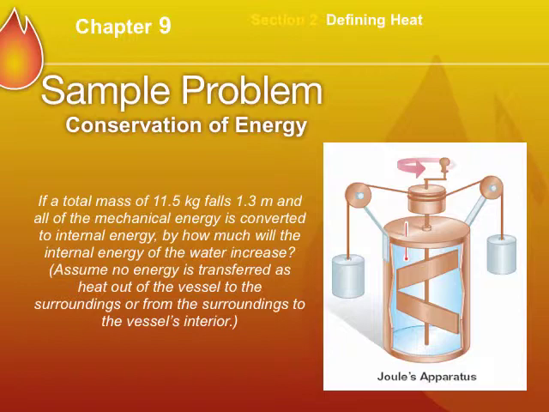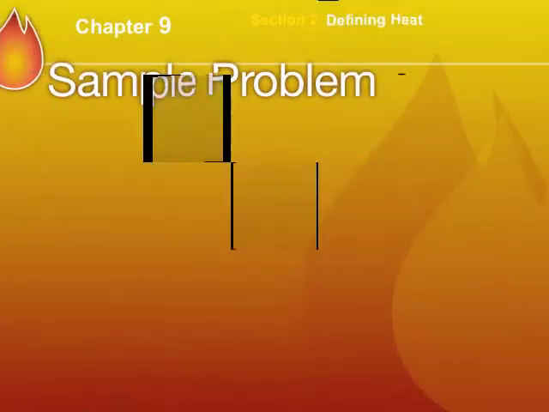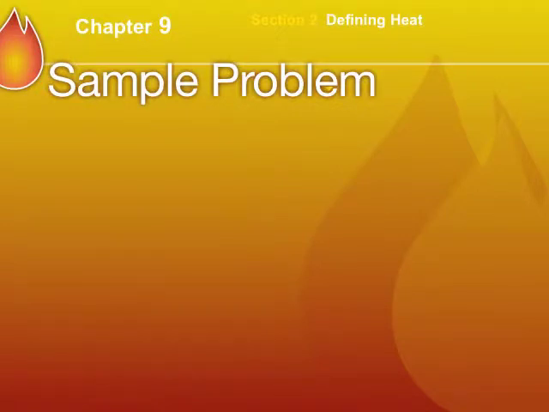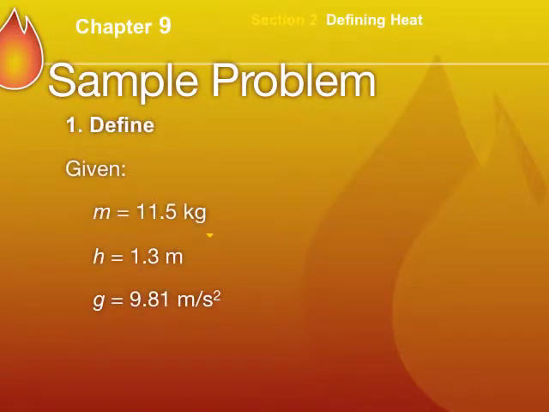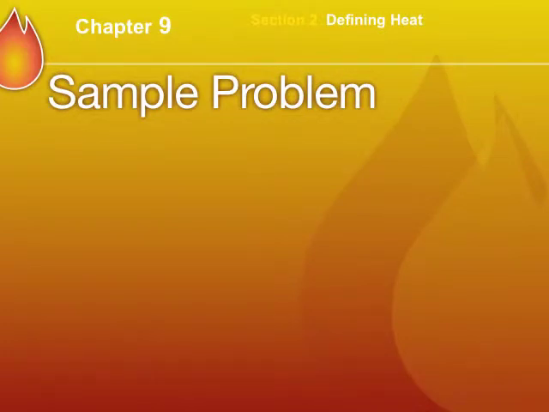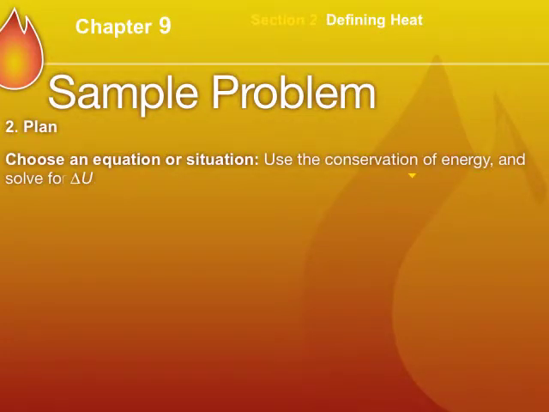So we're going to say that there is no loss of heat outside to the surroundings. Okay, so let's see how this works. We've got a mass of 11.5 kilograms, and it's 1.3 meters, it's going to go down. We have g, so we can get the potential energy, and we're wondering what the change in U is. In this case, we can say that kinetic energy is going to be 0.